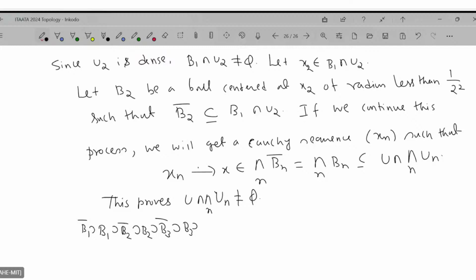Because of that, the intersection of their closures is the intersection of Bn.